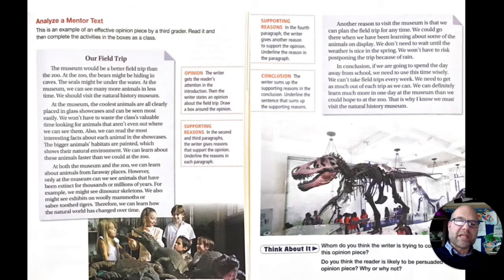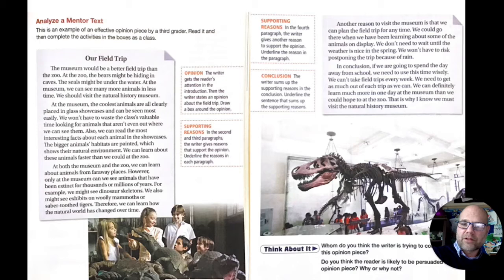At both the museum and the zoo, we can learn about animals from faraway places. However, only at the museum can we see animals that have been extinct for thousands or millions of years. For example, we might see dinosaur skeletons. We also might see exhibits on woolly mammoths or saber-toothed tigers.